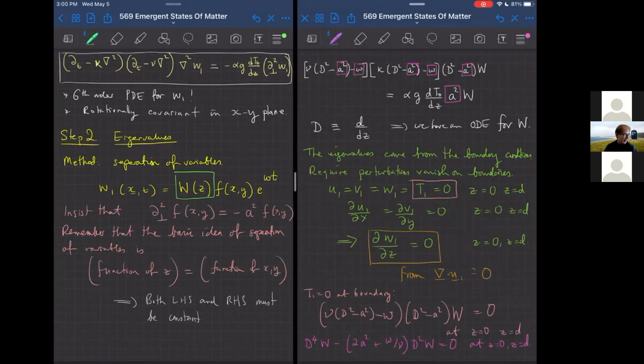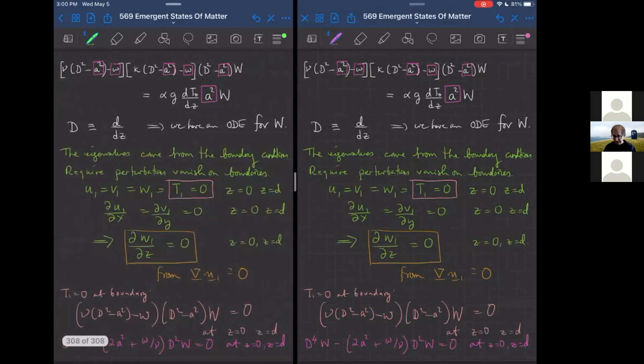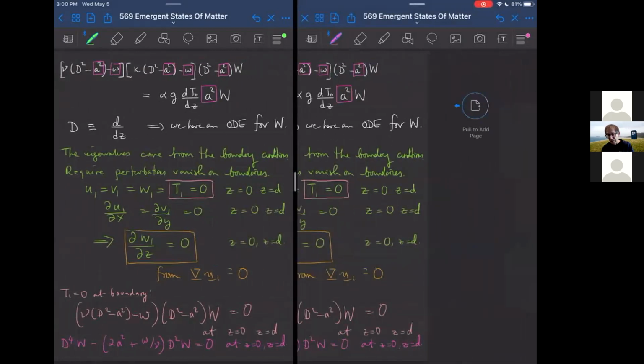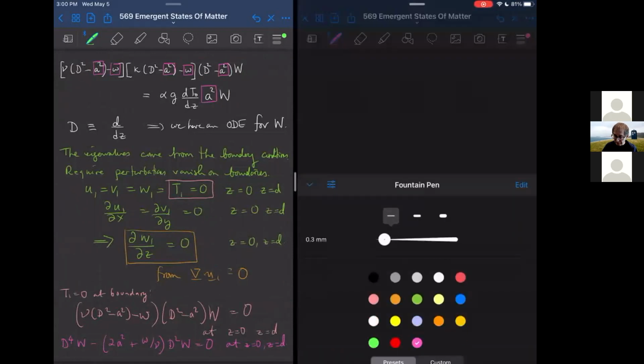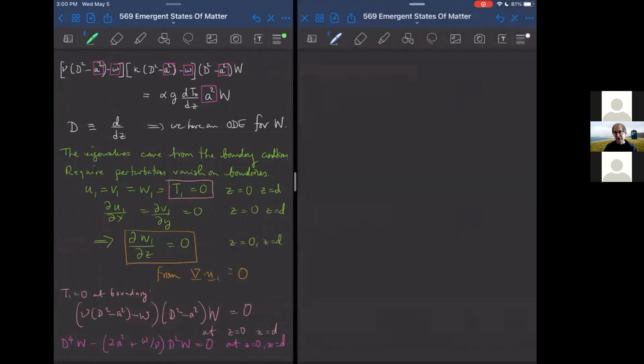So imagine that you're Lord Rayleigh, and you're the first person in the entire universe to attempt this type of calculation. You do all the work that we've just done in the last 2 lectures, and you get down to this equation, the one in purple on the left-hand side, and you look at that and you say, there's no way on earth that I'm going to solve this eigenvalue problem with this boundary condition.